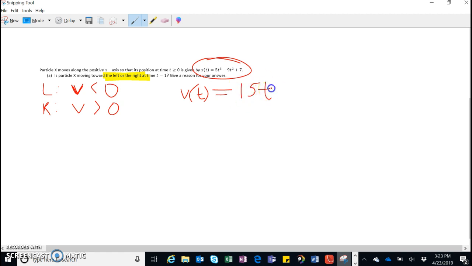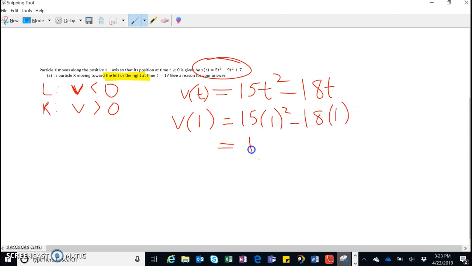Our velocity function is 15t squared minus 18t. Easy power rule here that I can apply. And so then to discover if we're moving left or right at time t equals 1, what I want to do is plug a 1 into this function for velocity, do a little bit of math, 15 minus 18, and get to my velocity of -3, which is great for one reason. -3 is a number that's less than 0.